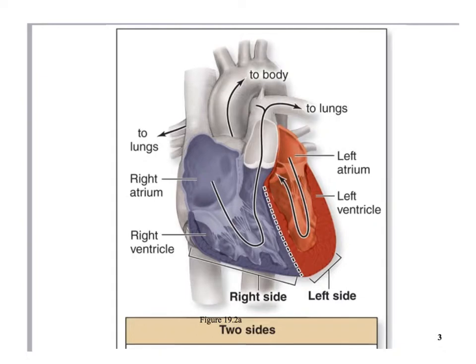And then that newly oxygenated blood comes from the lungs into the left atrium on the left side of the heart, which now pumps blood out to the systemic circuit, okay? And then it comes back around. The sides are divided by a muscle or a wall that actually goes through the middle.